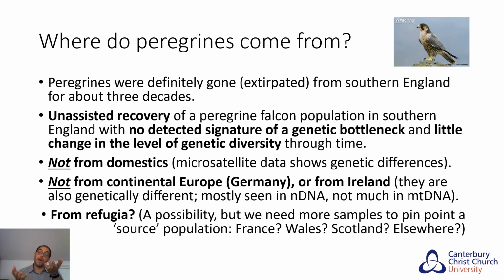Remember, the UK pre-population bottleneck and post-population bottleneck were genetically pretty much the same, and in terms of genetic structure, also very similar. So they seem to have historically had low genetic diversity.